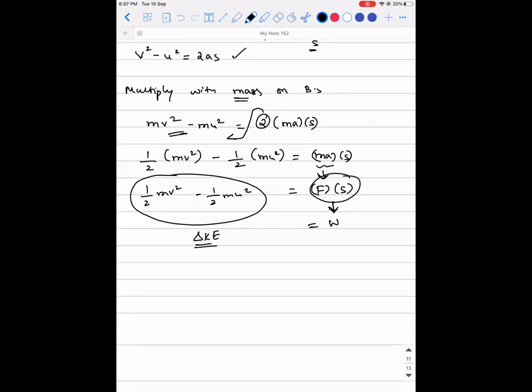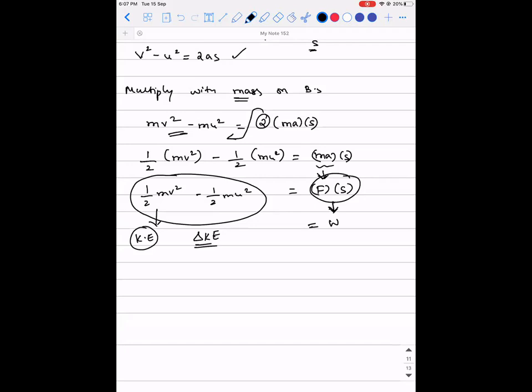It is actually not kinetic energy. It is called change in kinetic energy because if you are able to define the product of half into mass into velocity square, then that particular parameter is what is called as kinetic energy. Because you never ask the question like, why are we defining kinetic energy as only half mv square? Why can't it be 1 by 3 mv square? Why can't it be only mv square? We don't know, right?